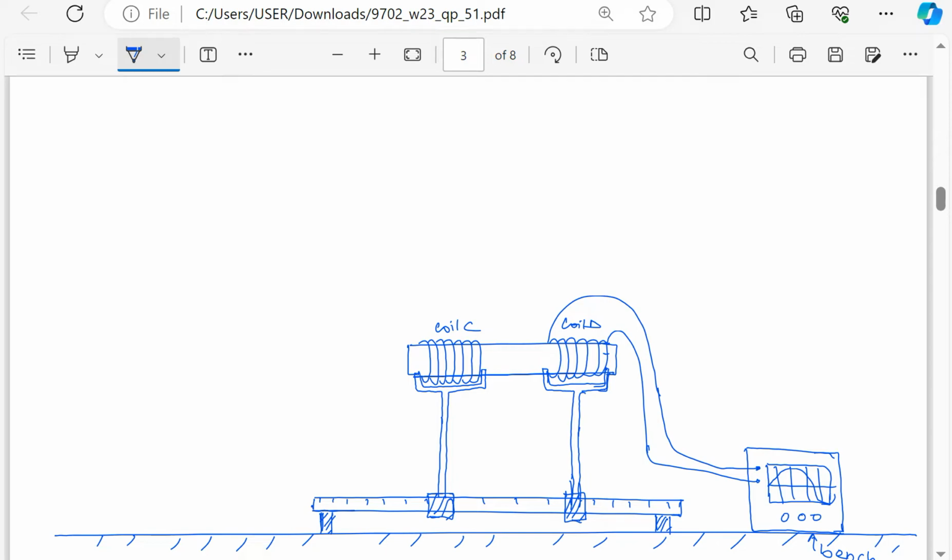So normally my students do that for a CRO. That's what I'm doing here. I'm just doing what normally my students do for a CRO.